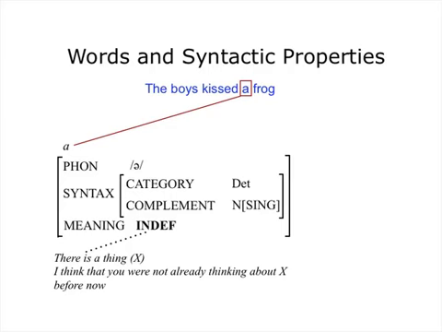Therefore, I won't use the, because I have to make a choice, right? Am I going to use the, or am I going to use a? And there's something like that going on there. And then we could say that in the meaning, we could say that there's a variable of some kind, right? Like X and Y, like you do with kiss.